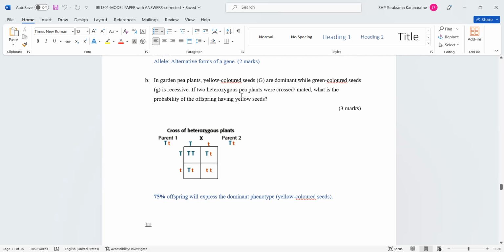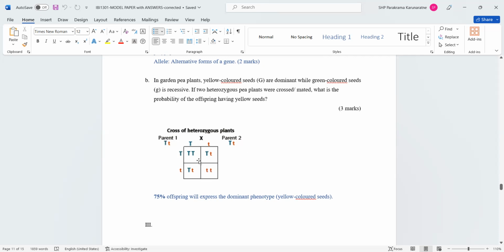If two heterozygous pea plants, that means capital G and small g, were crossed: capital G, small g, capital G, small g. Here I have given this by mistake as capital T and small t. It doesn't matter. If you say capital G equals capital T and small g equals small t, it is like this: capital T, small t, capital T, small t.